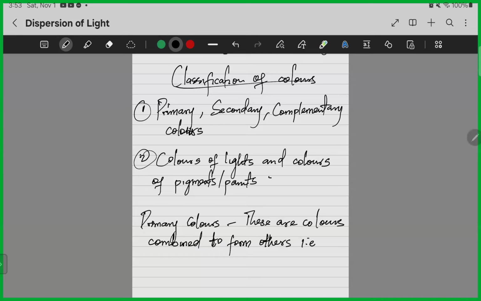An example of those colors are red, blue, and green. Primary colors are the ones that are combined to form others, e.g., red, blue, and green. So primary colors are red, blue, and green in light.